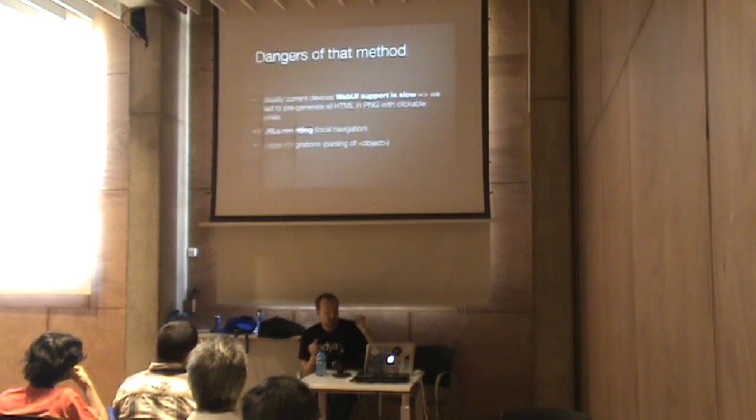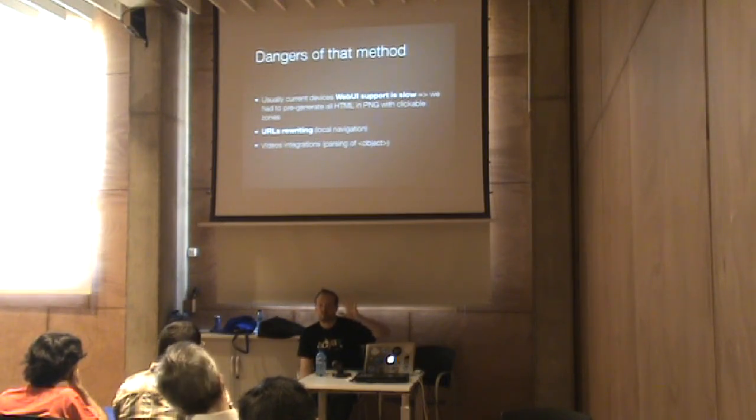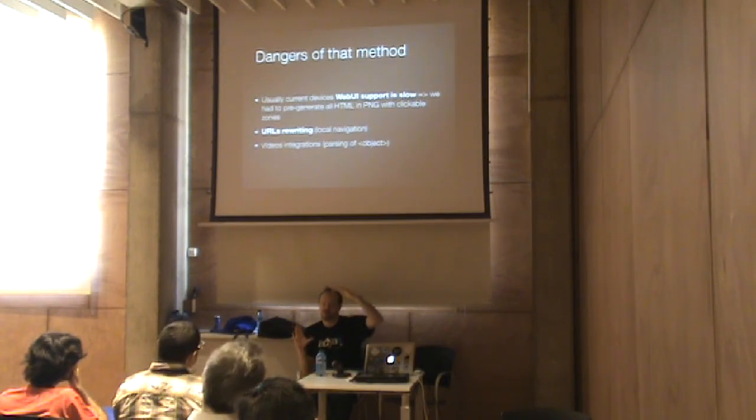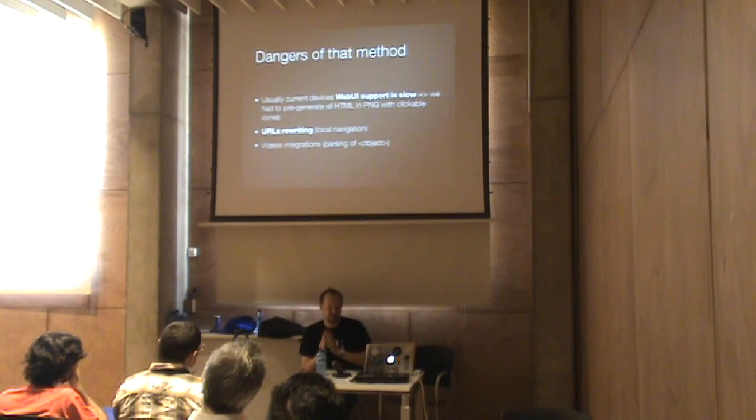The danger of that model is that usually the web UI support is very slow. It takes about 1 or 2 seconds to load your HTML. I mean, not from the internet, even just taking it from the local storage of your iPad and loading it takes 2 seconds. So we had to pre-generate all the HTML with PNG images with clickable zones.